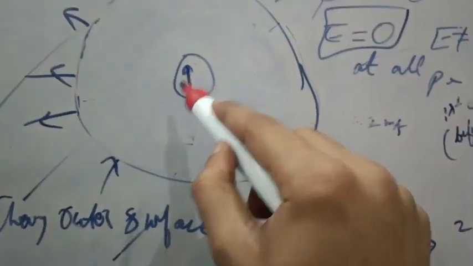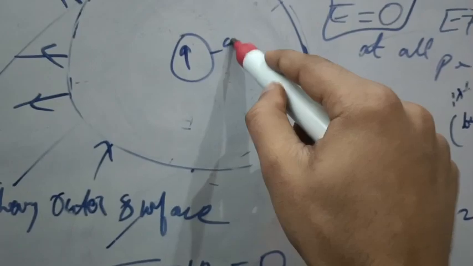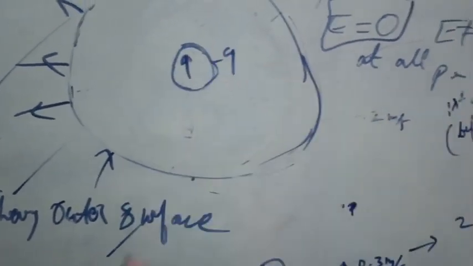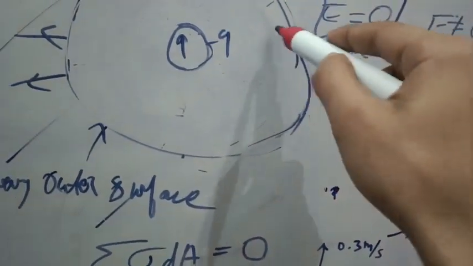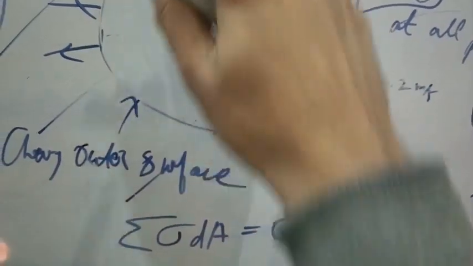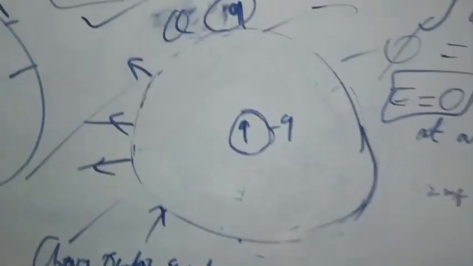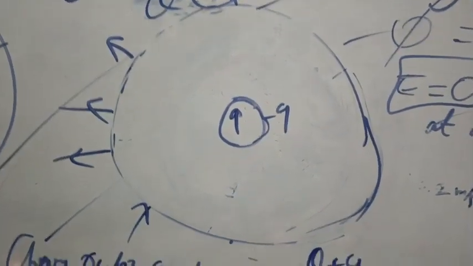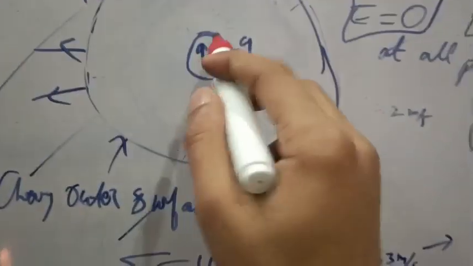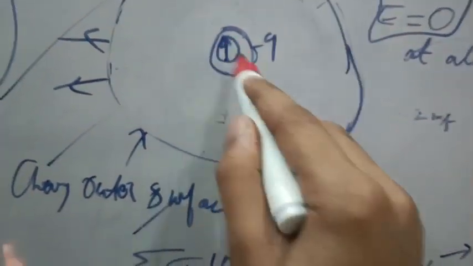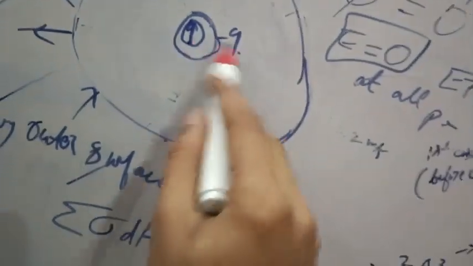Now if I put some plus q charge inside the cavity, then minus q charge will lie on the inner surface, and then plus q charge should also appear on the outer surface due to the conservation of charge. So the total charge at the outer surface would be capital Q plus small q, and inside this is q charge and this is minus q charge here.